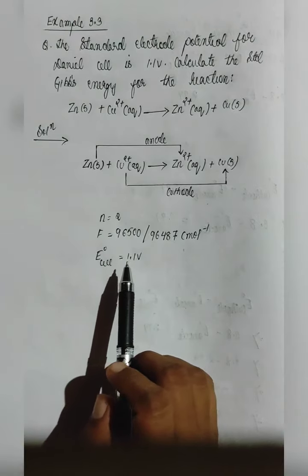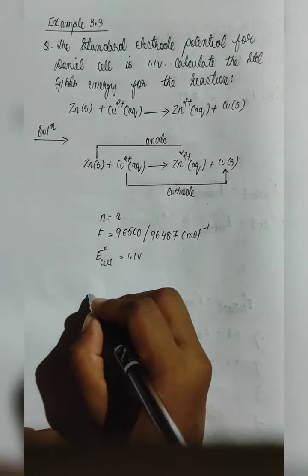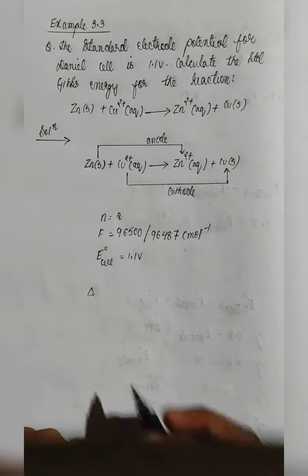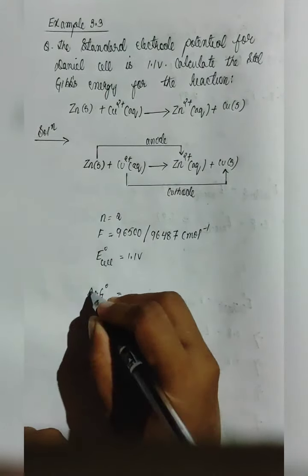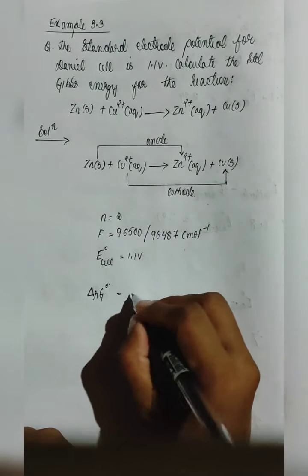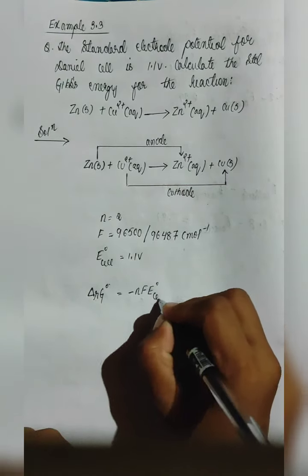Now let us find the standard Gibbs energy. We know that standard Gibbs energy is given as ΔrG naught = minus nF E naught cell.